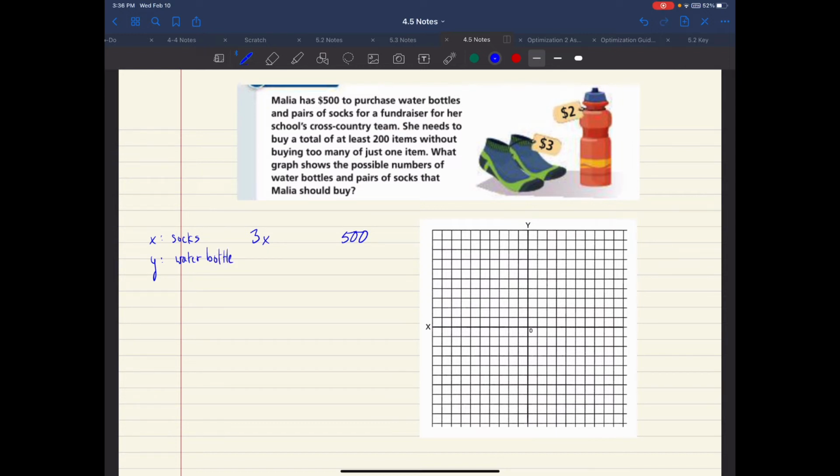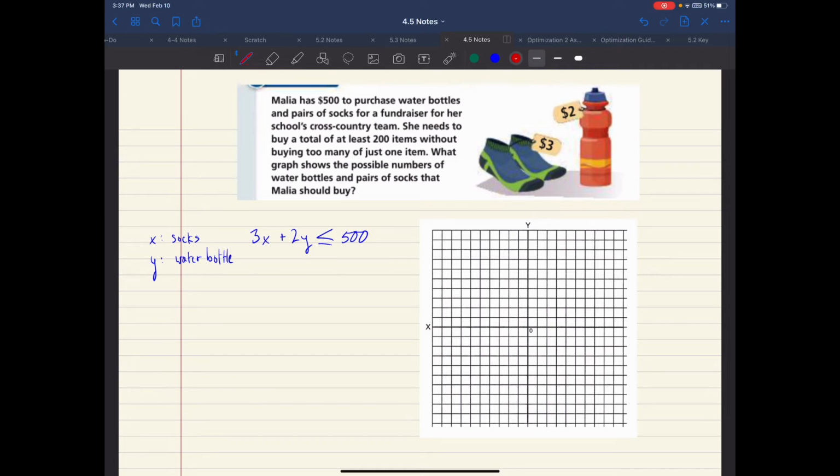So we'd have 3x plus 2y, and she has $500, so she can't spend more money than she has. Whatever the $3 pairs of socks and $2 water bottles come out to has to be less than or equal to 500. That's the key part, to recognize that symbol. That is the dollar equation, because that's $3, $2, and $500.